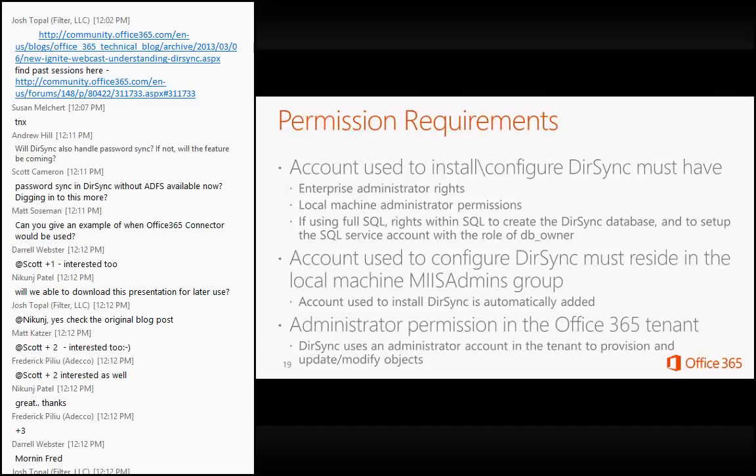So it's only specifically there to provision a sync account, and then the enterprise admin credentials are discarded and never used again. So it's not that it always uses enterprise admin credentials.